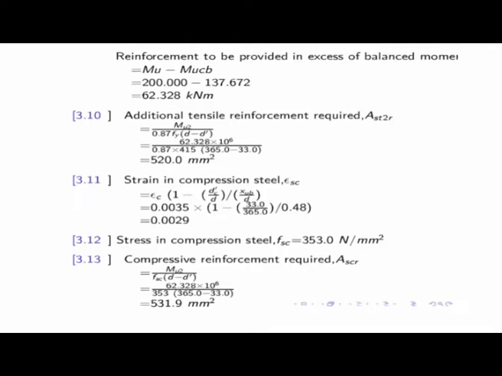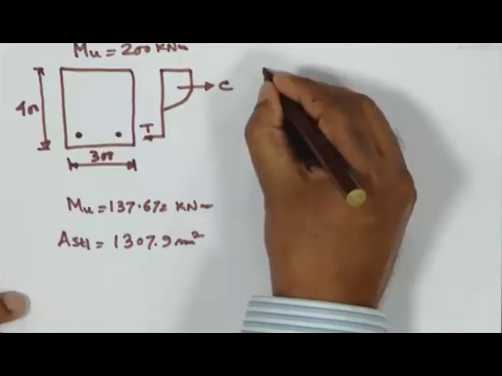So coming to this one, reinforcement to be provided in excess of balance moment, which we are getting here, Mu minus Mu,lim is coming 62.6328 kilonewton meter. Now I have to provide reinforcement for steel, which will be in the compression side as well as the tensile side. So I have to provide reinforcement here also.